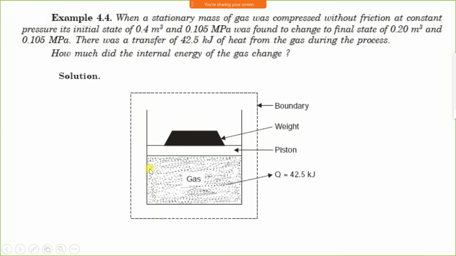Consider this is a gas. Initially the gas volume was 0.4 meter cube and after compression gas volume becomes 0.2 meter cube, and the initial and final pressure of the gas is the same, 0.105 megapascal. The heat rejected from the gas is 42.5 kilojoule.